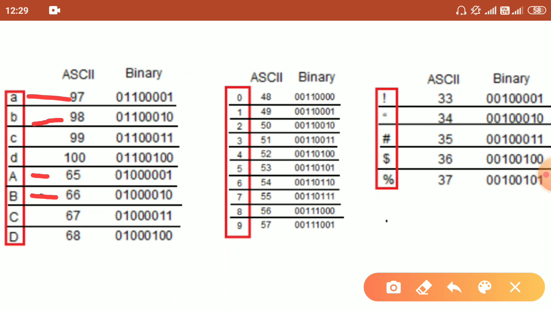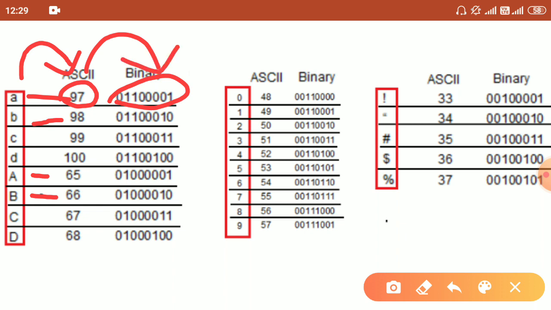Whatever the binary form is of the particular number here, that will be the number which will be actually stored inside our computer. So whenever you type A, this A is taken as 97 by the computer, and finally it is converted into the binary form 01100001. This is the form in which the computer will understand the character A.